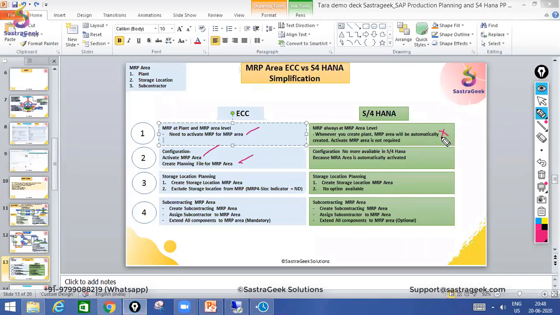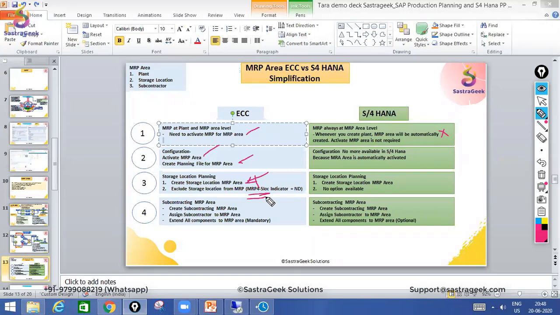That facility is available in SAP S/4HANA. Now the third point about the storage location MRP area. In ECC, we have two options to plan the raw materials. One, in ECC we are able to create a storage location MRP area and do the planning. And there is one more option on the MRP4 screen, that is exclude storage location from the MRP.